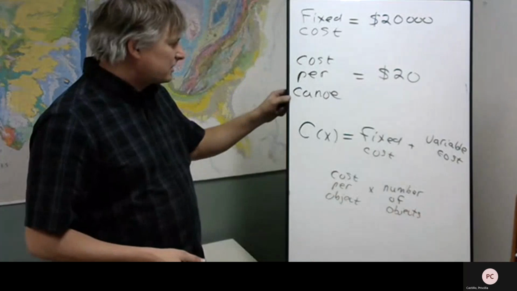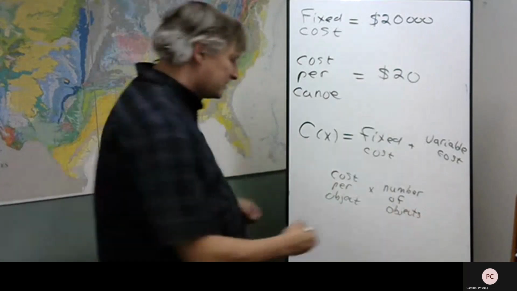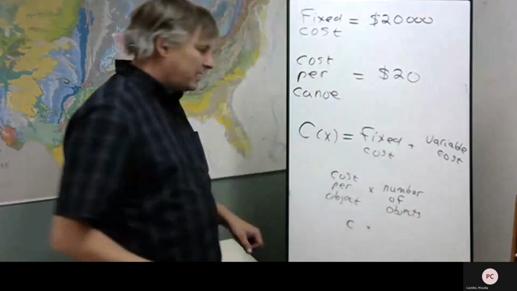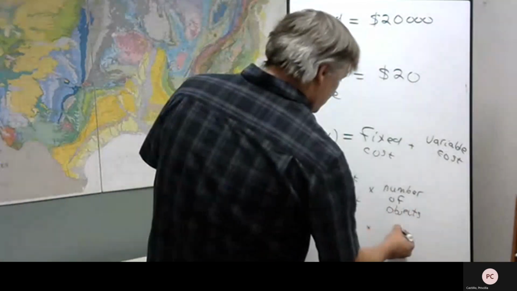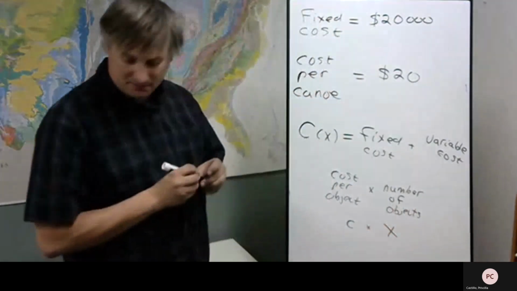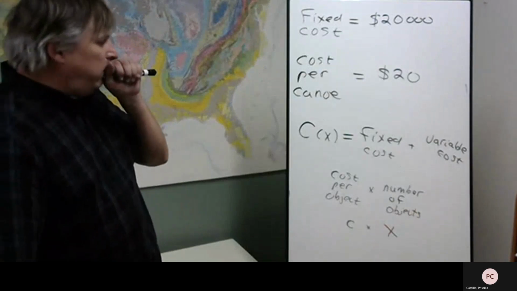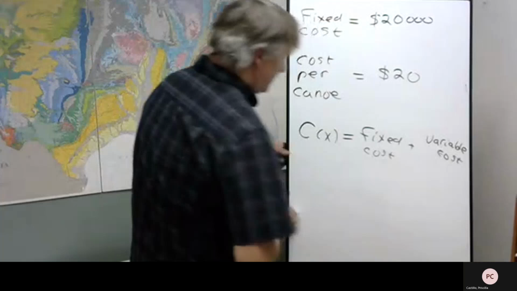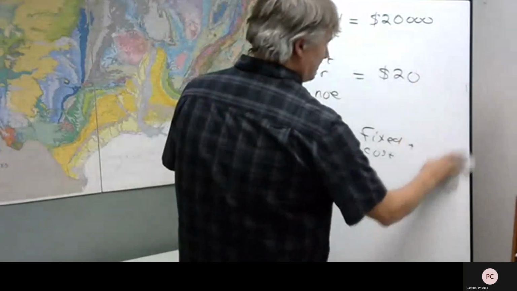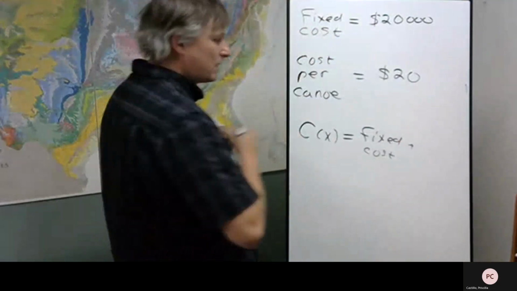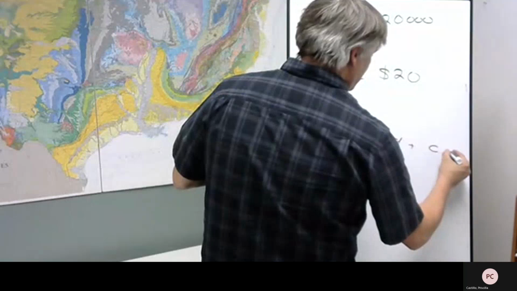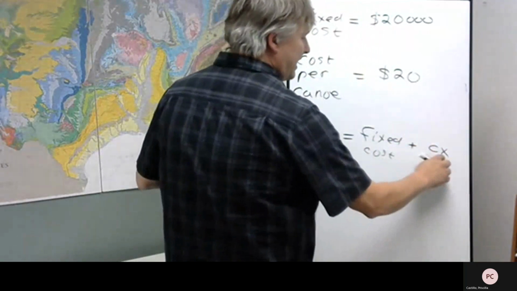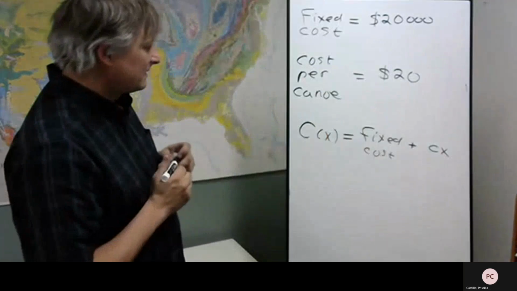Now, the cost per object is usually represented by a lowercase c, and we multiply the number of objects we represent as x. So the variable cost function we represent as cx, where c is the cost per object and x is the number of objects.